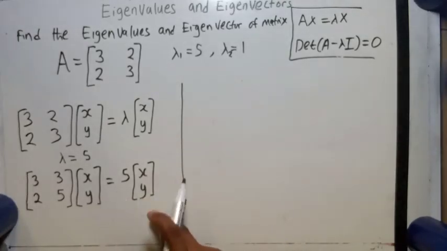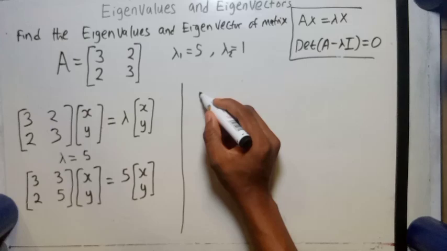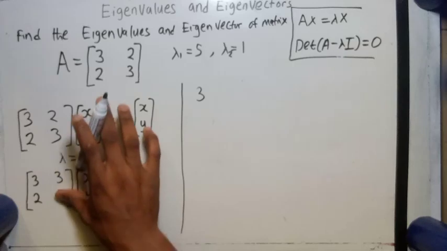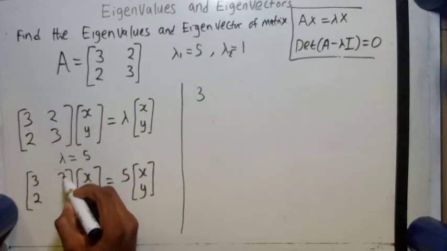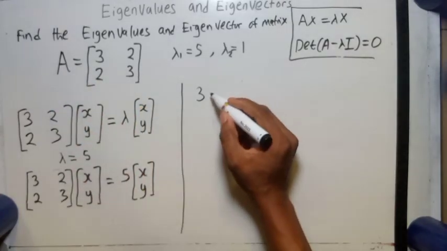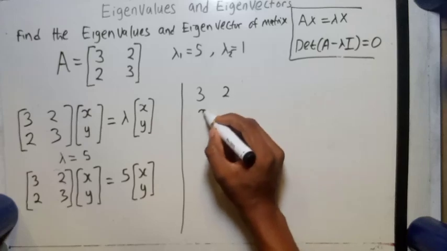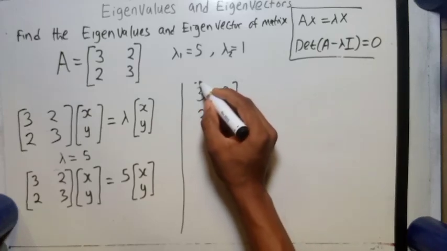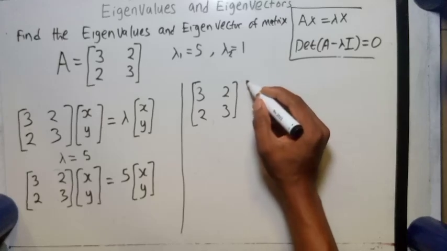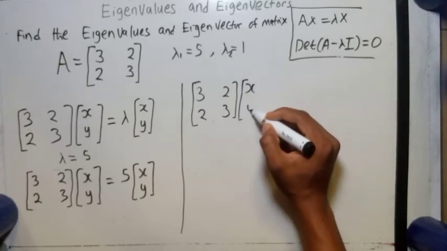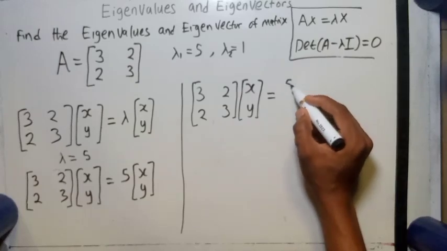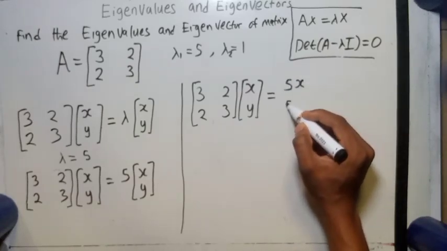Now, multiplying this stuff, we're going to be having [3, 2; 2, 3] times [x, y], and this will give us 5x and 5y.